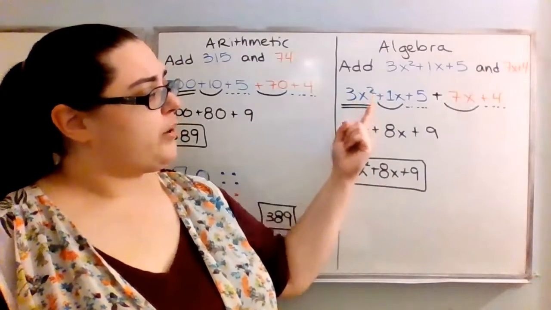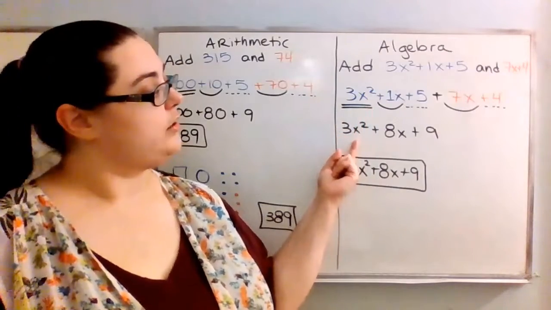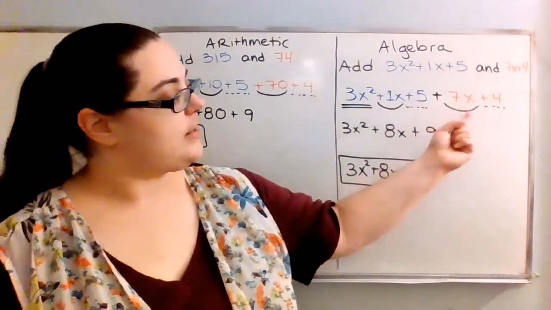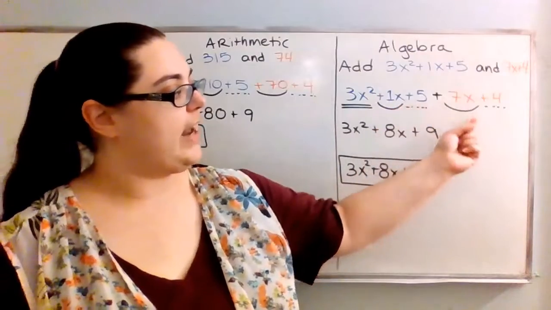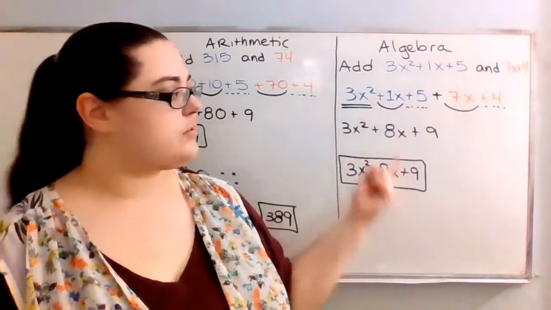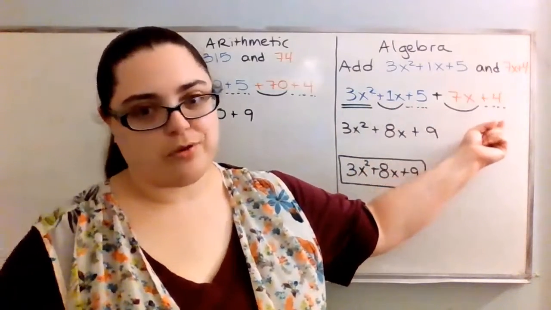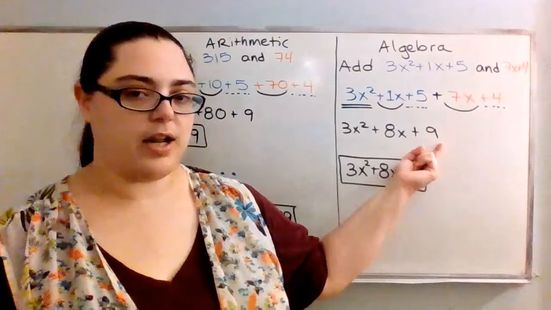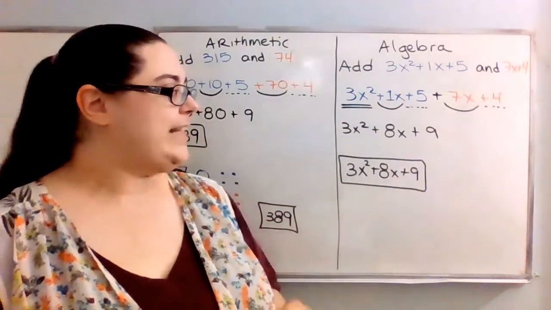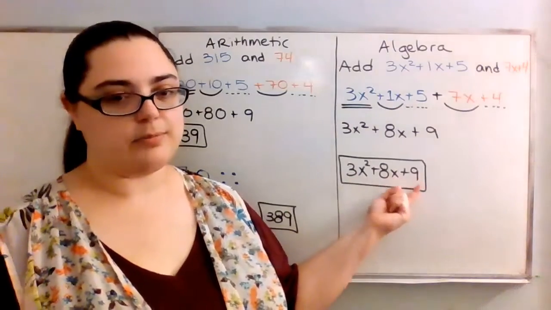And this is the only one that has an x squared on it, so I'm just going to leave it alone. Then the 1x and the 7x, those were the two that had an x together. So I added 7 plus 1 and got 8. So there's my 8x. And then 5 plus 4, those are just normal numbers, so we can just add those and get 9. So in the end, I wound up with 3x squared plus 8x plus 9.